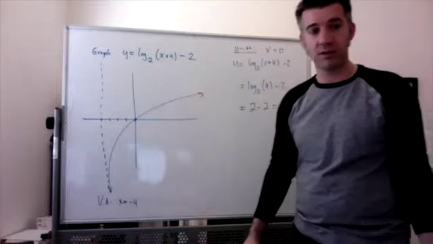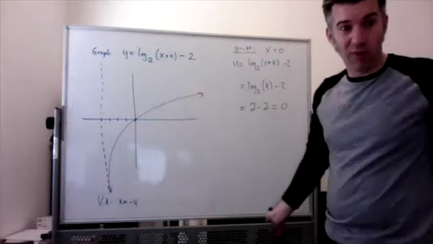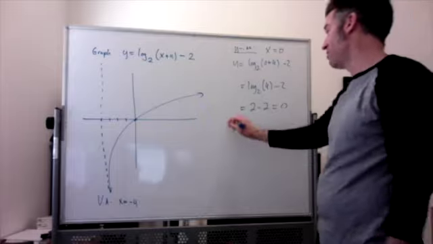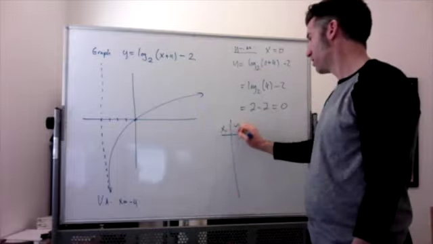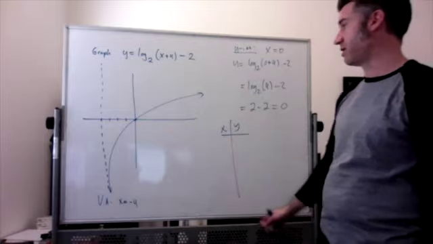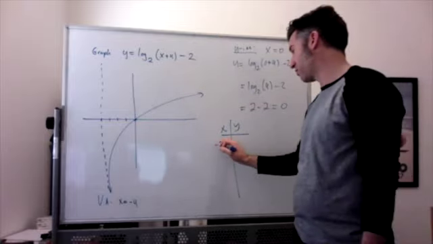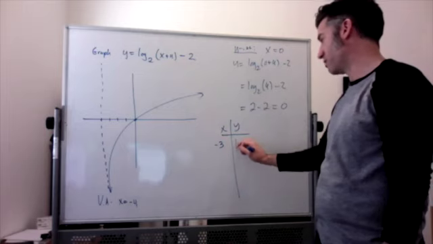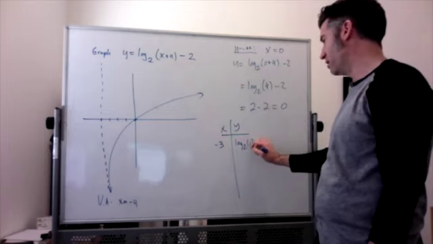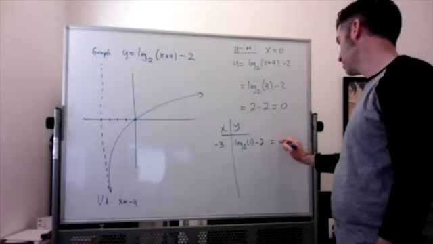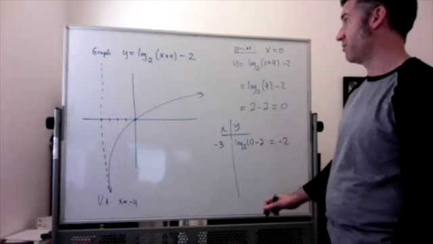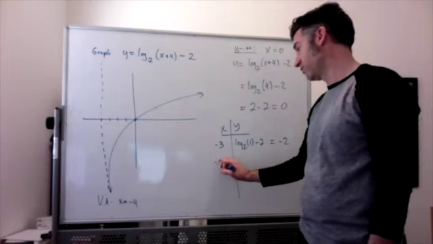That looks okay, actually. You could find more points, but if you really wanted to make a table, no one's stopping you. I'm going to pick values like if x is -3, y is going to be log base 2 of 1 minus 2. Log base 2 of 1 is 0, 0 minus 2 is -2. Or I could pick something like -2.